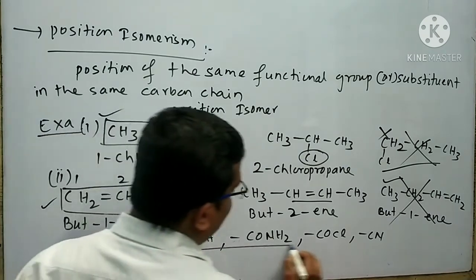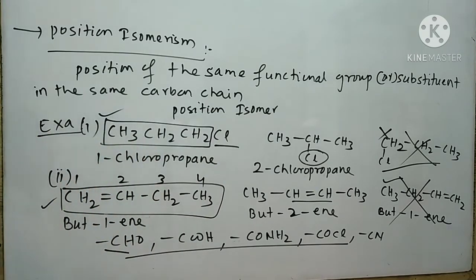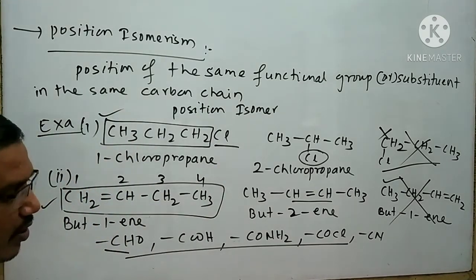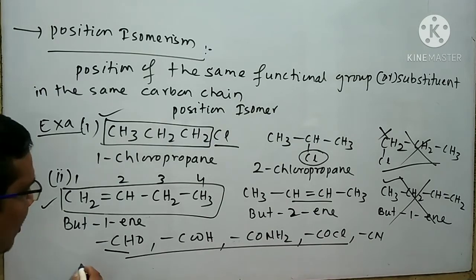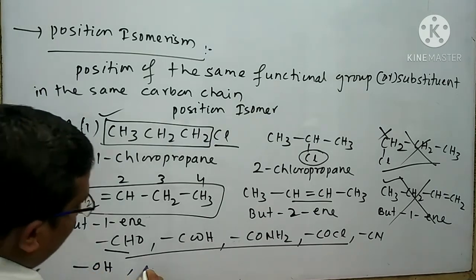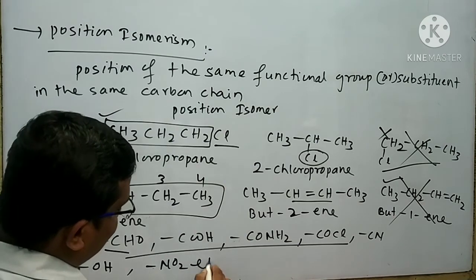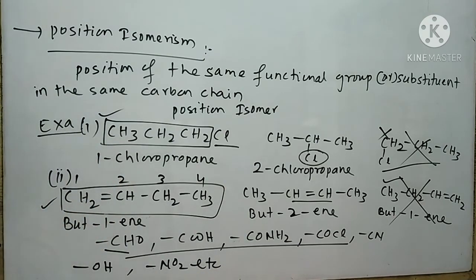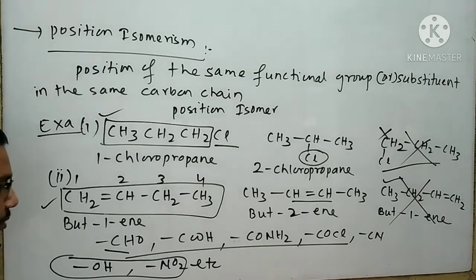So this type of functional group does not show positional isomerism. But if I think about functional groups like bond OH, bond NO2, this type of functional group does not carry any carbon atom. So this type of functional group cannot be a terminal functional group. You can change the position of this type of functional group and you can form different types of positional isomers of a particular organic compound.